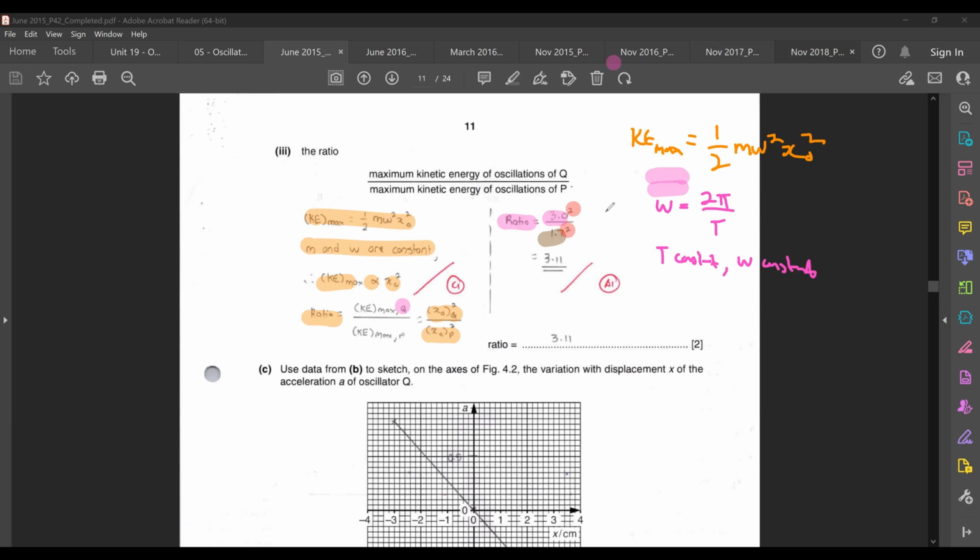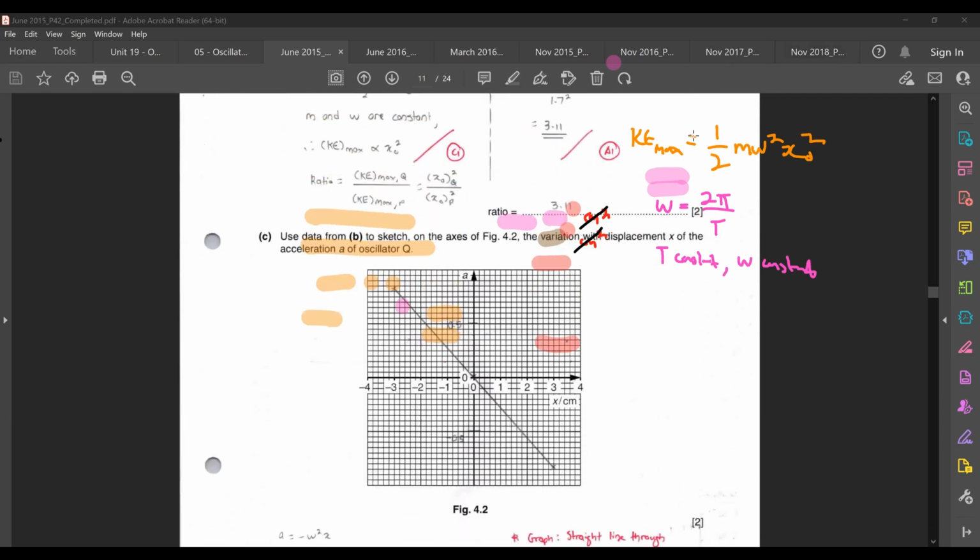And although they are in centimeter and they are squared, you don't really need to bother to change it to meter because the units cancel off. You can just take the magnitudes only. So eventually your final answer would give you 3.11 as the ratio. Just like that. Then you move on to part C, if you're done with that.